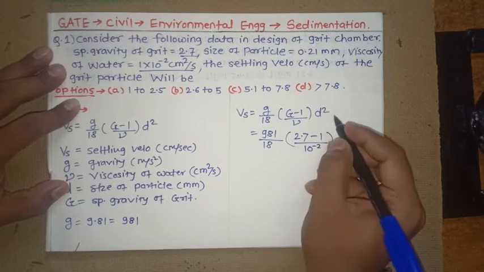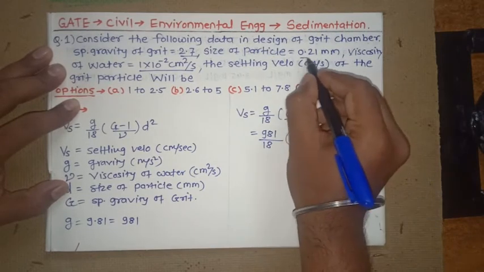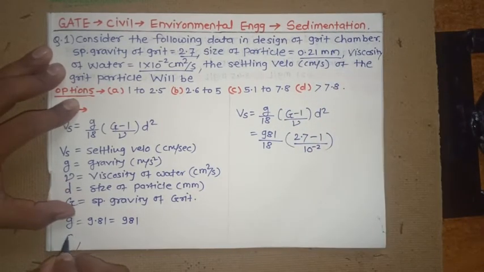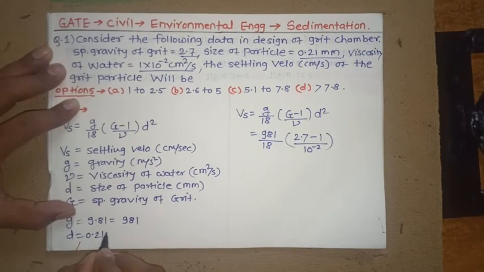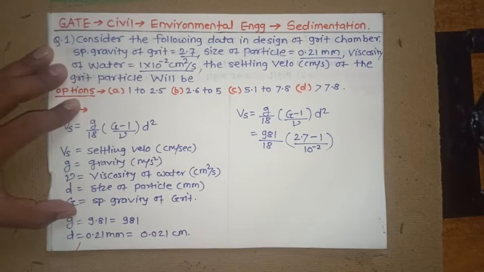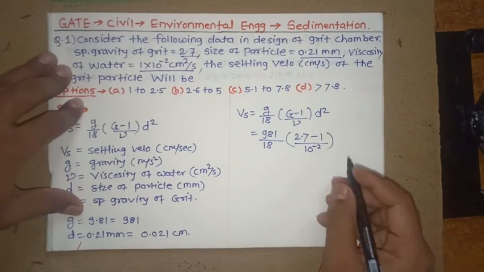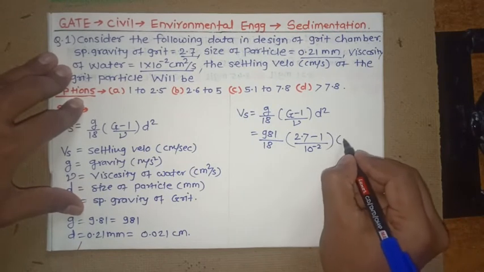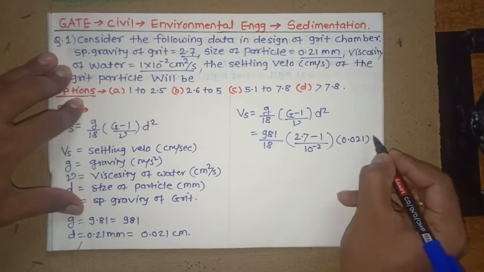What is d? d is given as 0.21 mm. Converting it to centimeter, that is 0.021 centimeter, so we use the centimeter value here. So d is 0.021 square.